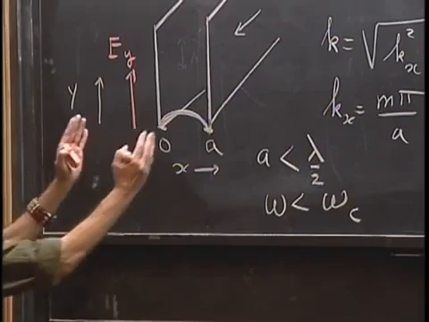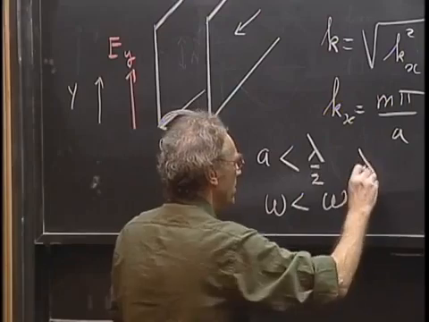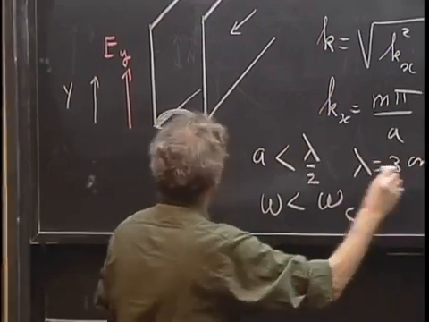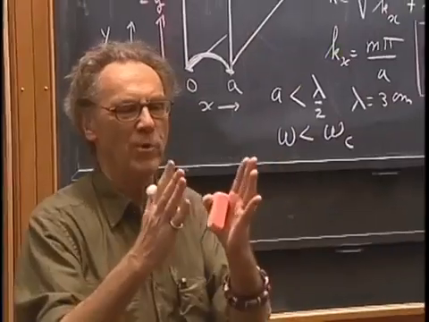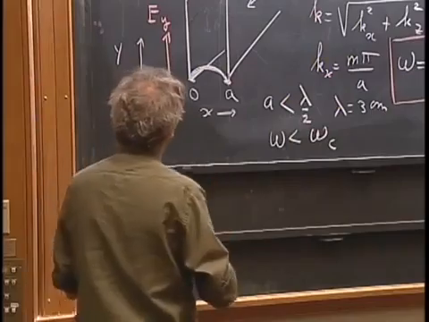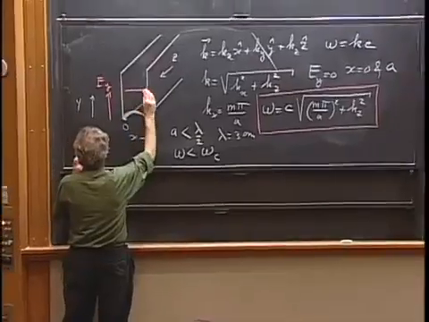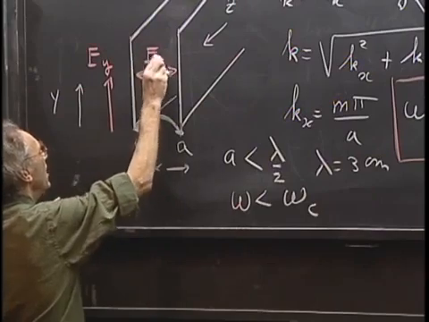In the demonstration, lambda was 3 centimeters, and we started out with a gap of about 2 centimeters, and radiation went through, and the moment we hit 1.5 centimeters, it stopped abruptly.